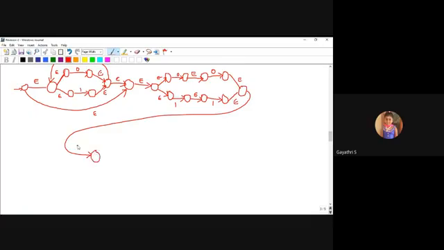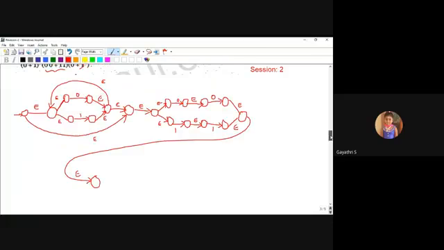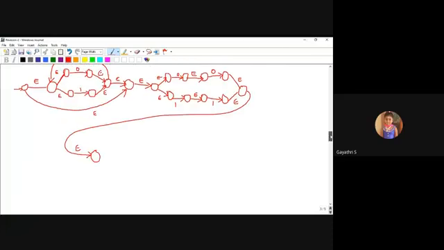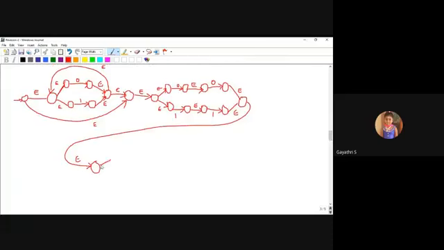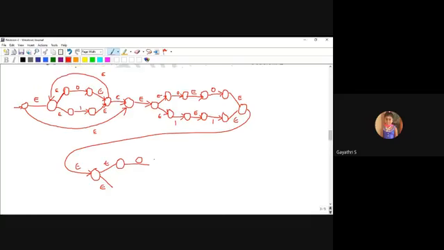This is the case of epsilon. So 0+1 is in the form of a union, so epsilon, epsilon. This is for 0.